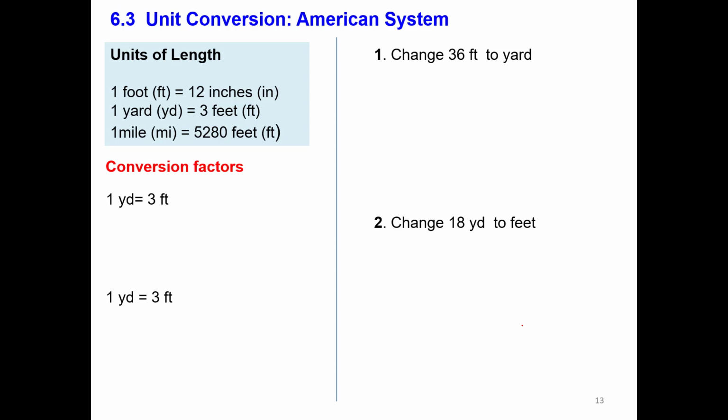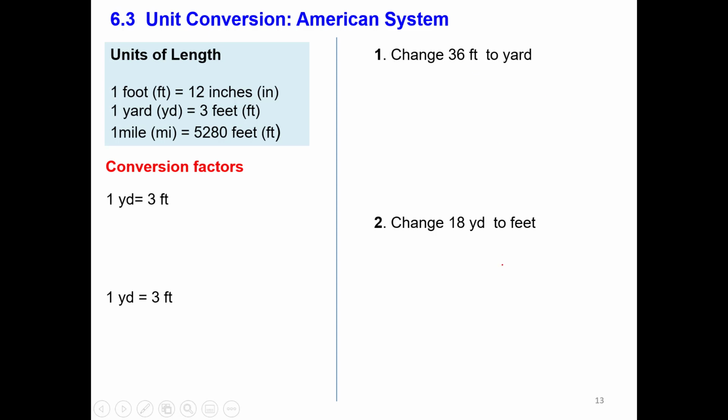Let's try another problem. Here we want to change feet into yards: 36 feet to yards. We know the conversion factor we need to use is 1 yard equals 3 feet. How we write it depends on the problem.